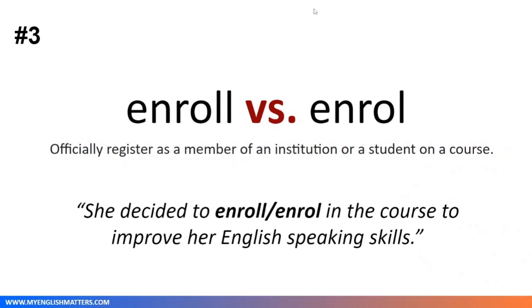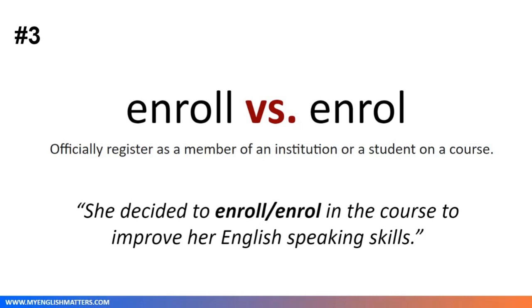Our next word is enroll. It means to officially register as a member of an institution or a student on a course. She decided to enroll or enrol in the course to improve her English speaking skills. So, what do you think?